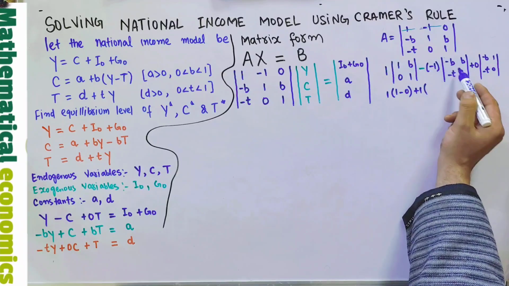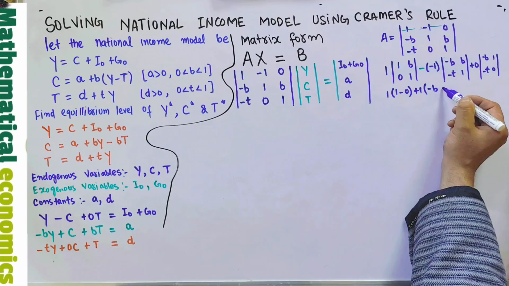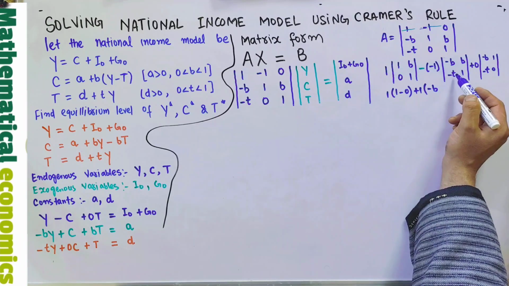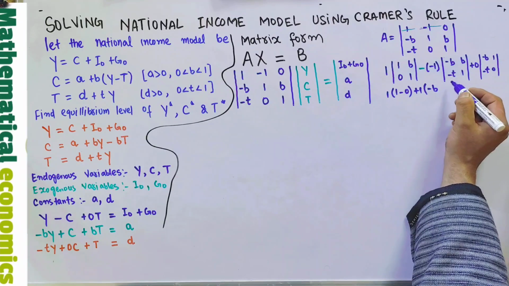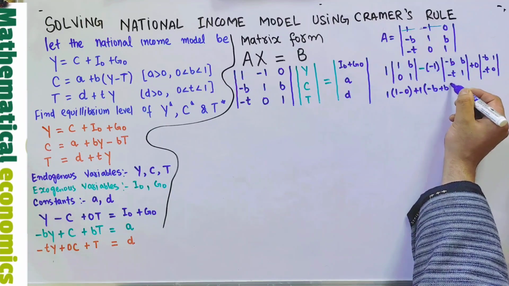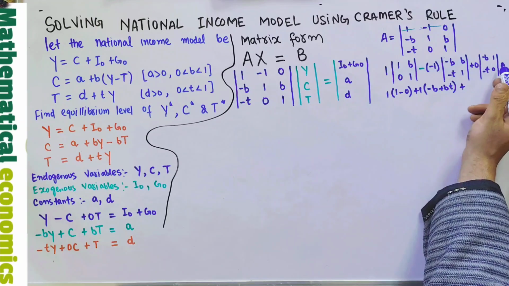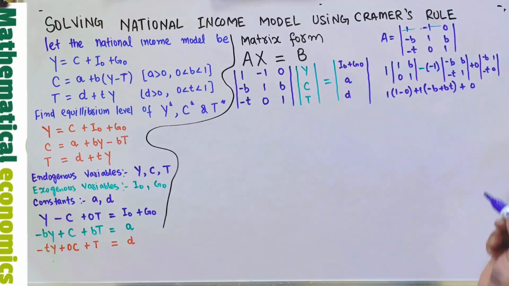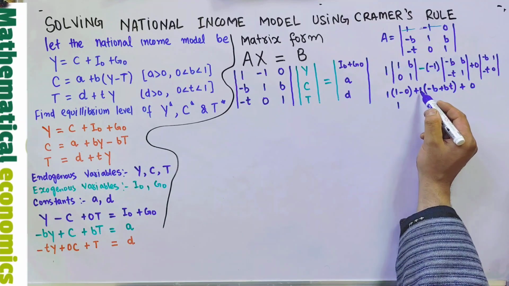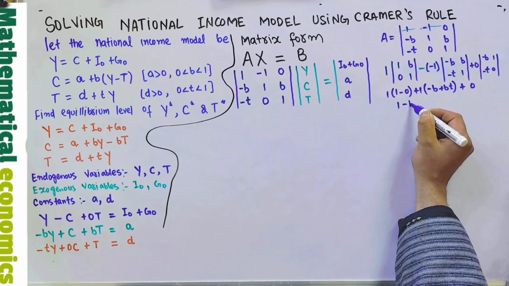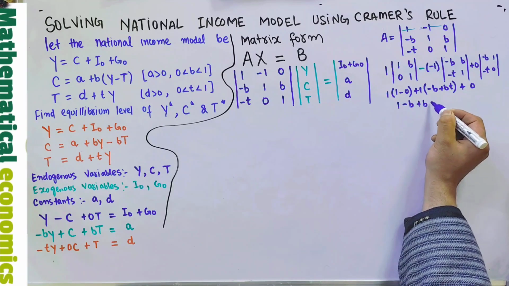Here we multiply these two elements, it is minus b, then we subtract and multiply these two elements, so minus and this minus becomes plus, so we have plus bt. And here 0 times this determinant will be equal to 0. Solving this, we get 1 here, plus 1 into minus b is minus b, then we have plus bt.